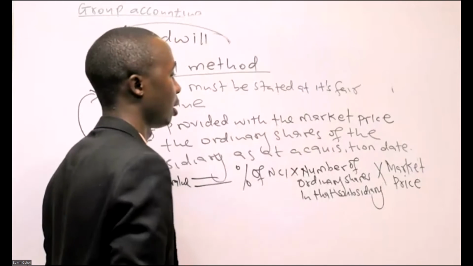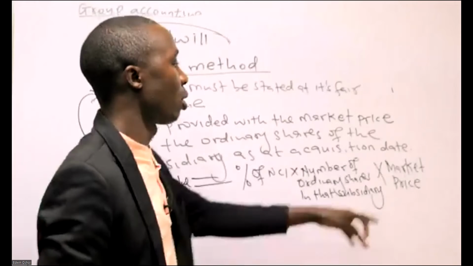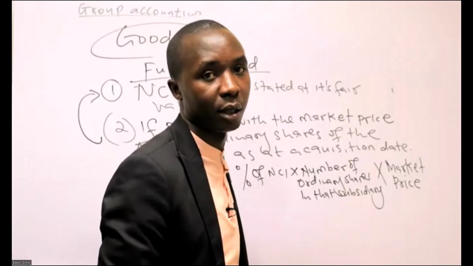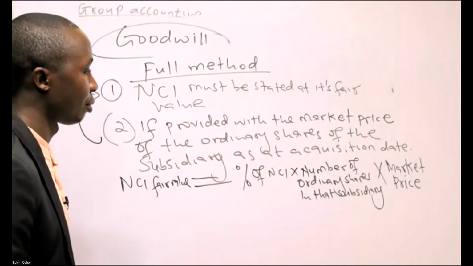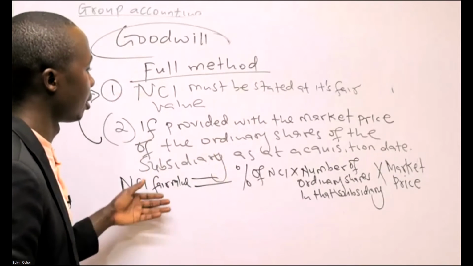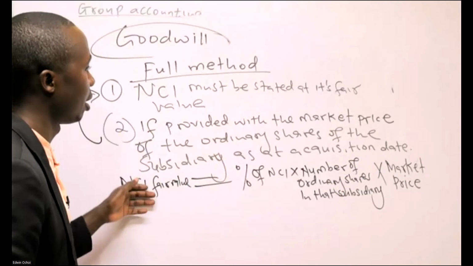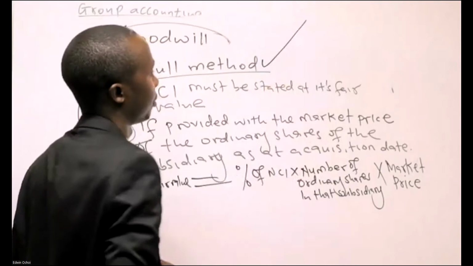The market price is again the fair value; it does the same thing. So that is how you arrive at the NCI fair value. In a question where you are given either, you go with the full method.